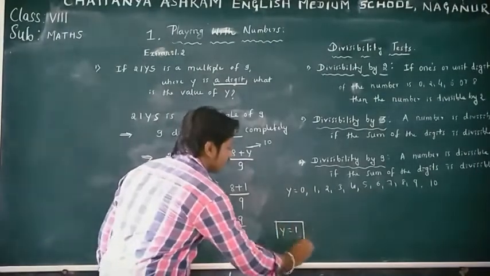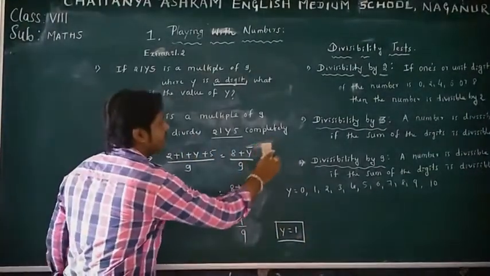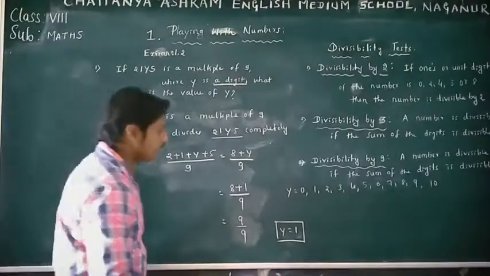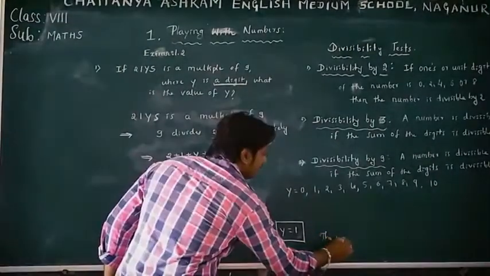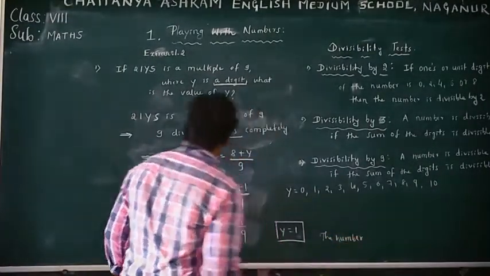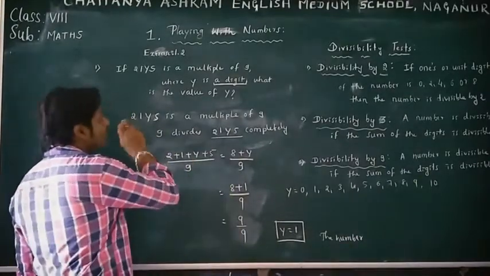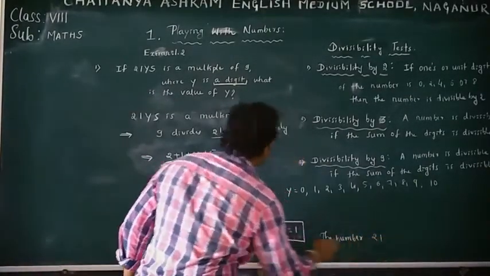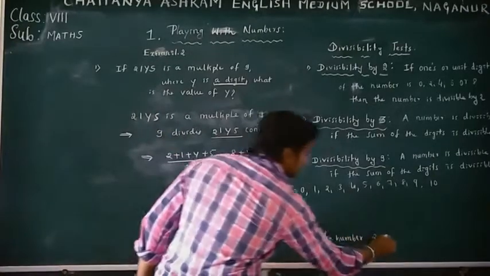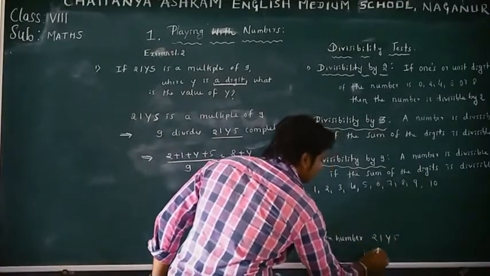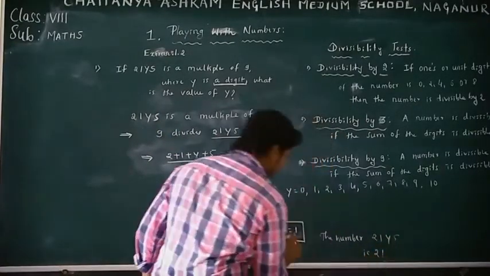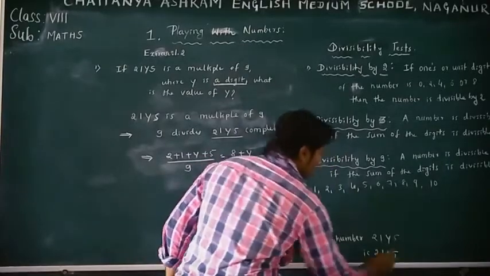Now the number becomes, substituting that value, 2, 1, y, 5, where the value of y is 1: 2, 1, 1, 5.